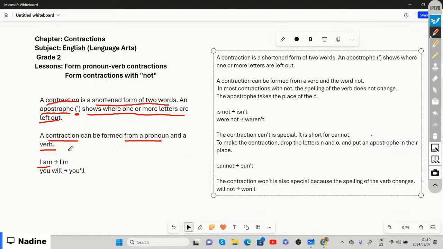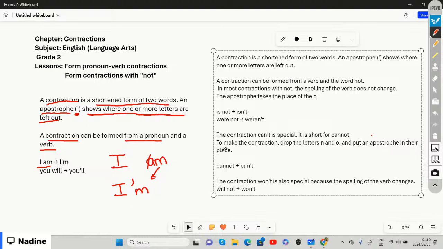So for example, if we say I am, I being the pronoun, am being the verb, once we shorten these two words, our pronoun is going to stay the same. So I is going to stay the same. But now we're going to leave out the A, put an apostrophe in its place, and bring down the M. So now we say I'm instead of I am.